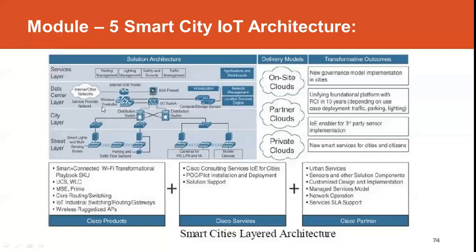That is passed on to the city layer or network layer. The network layer will aggregate the data together, and then it is passed on to the data center layer. The data center layer will do all the aggregation, visualization, everything. Finally, the data is fed to the service layer. Each service, maybe parking service, lighting service, safety service or traffic service, will use the data that is present in the data center layer.